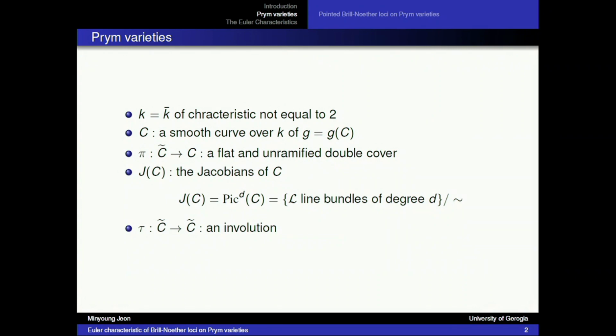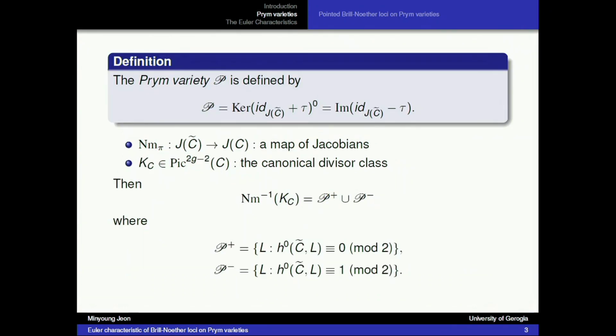Given these notations, we can define a Prym variety as the connected component of the kernel of this map. If we consider the norm map sending a divisor on the double cover to a divisor on the curve, then the inverse image of the canonical divisor gives you two disjoint connected Prym varieties.